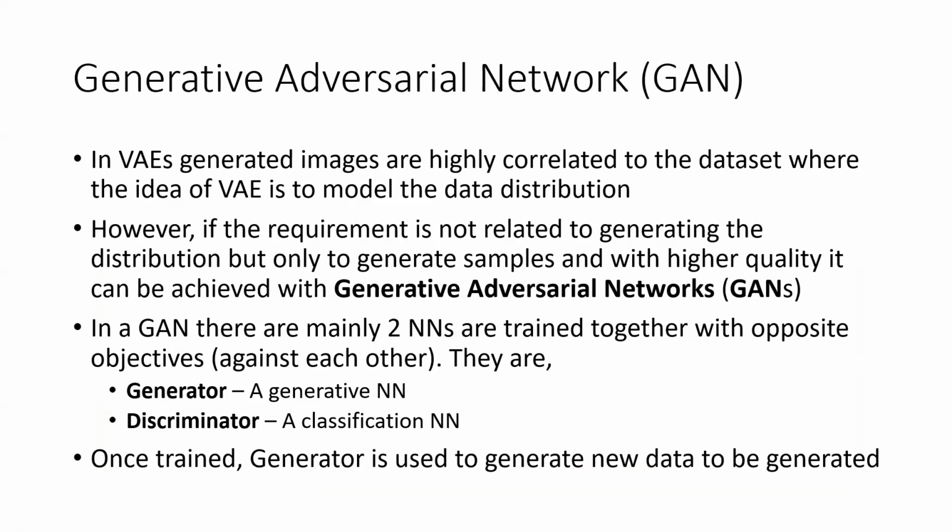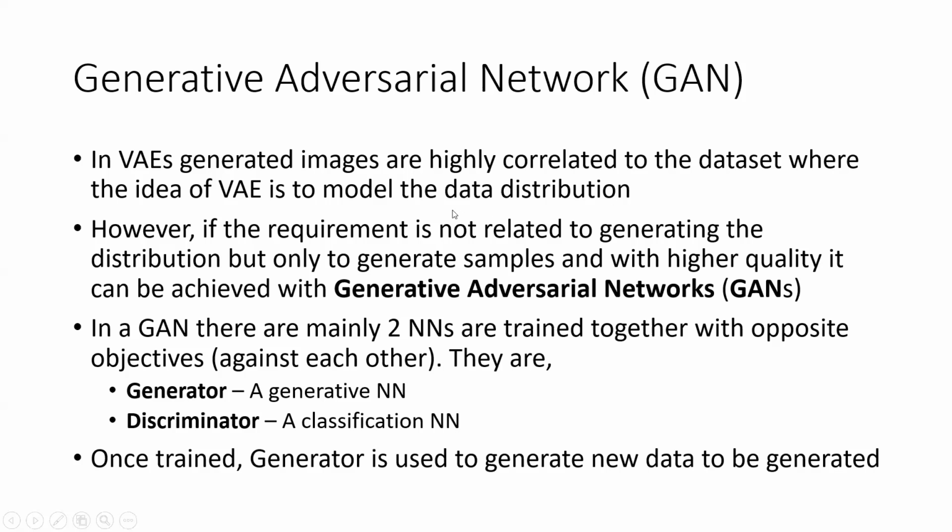However, variational autoencoders or beta variational autoencoders are not that good at sampling data in very high quality, right? The idea of using variational autoencoders is mostly about generating the probability distribution.